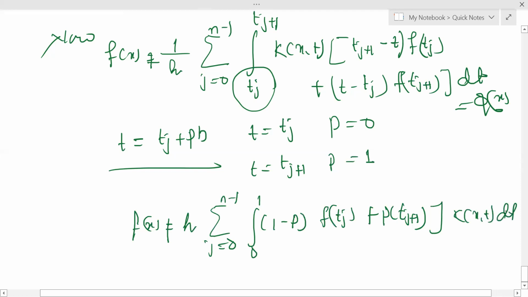This is the kernel function defined here, and x is equal to x_i and i is equal to 0, 1, 2, 3, 4 and so on.